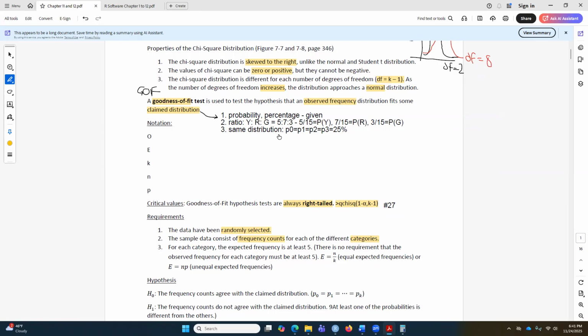So you cannot have yellow, red, green, and blue, and then find out that this pack of candies does not have any blue candies. So the blue is out. We don't count blue as part of your categories here. If the count is 0, you have to take it out.